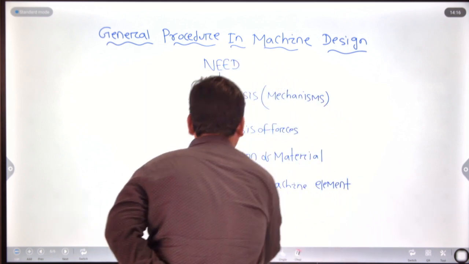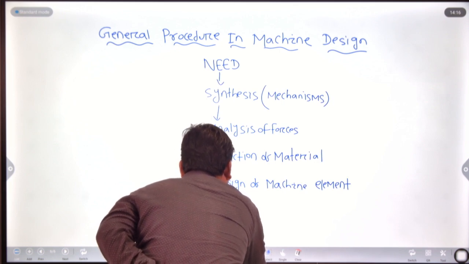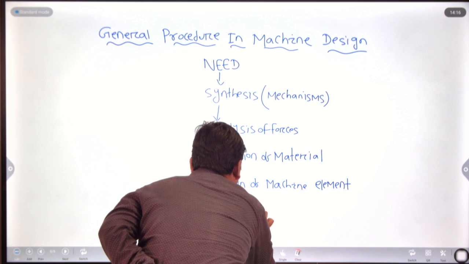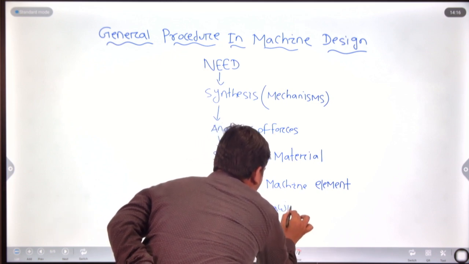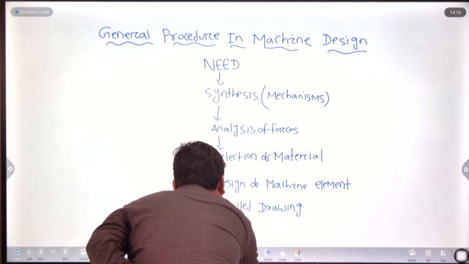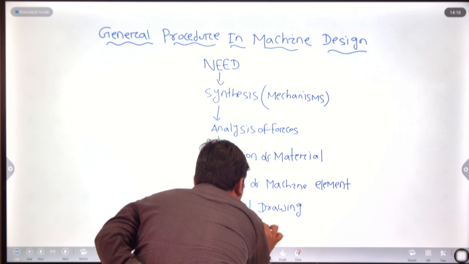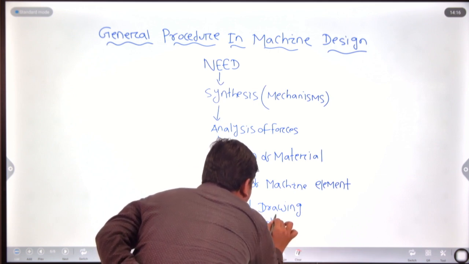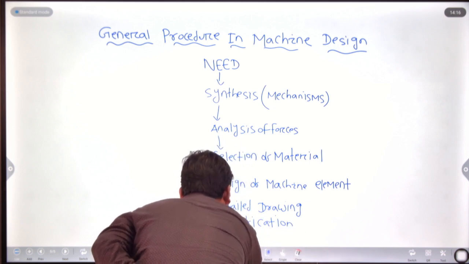Then your detail drawing. Then modification. Then your last one, what? Production.